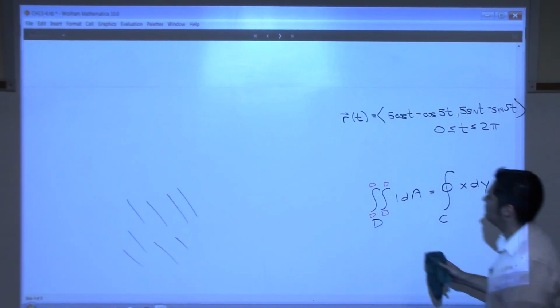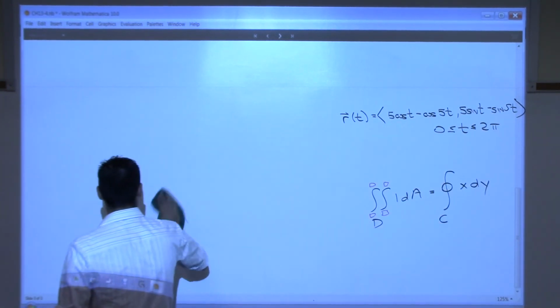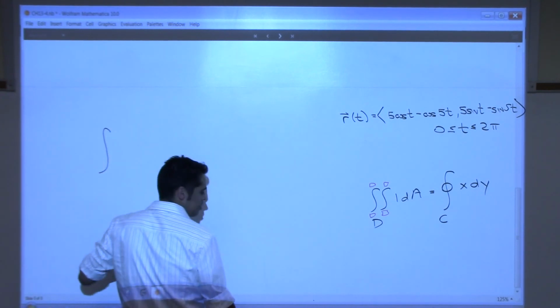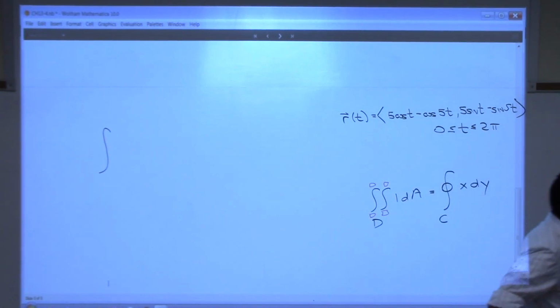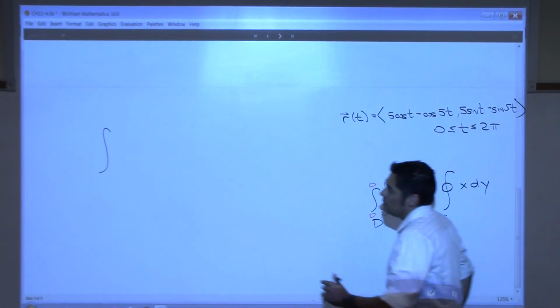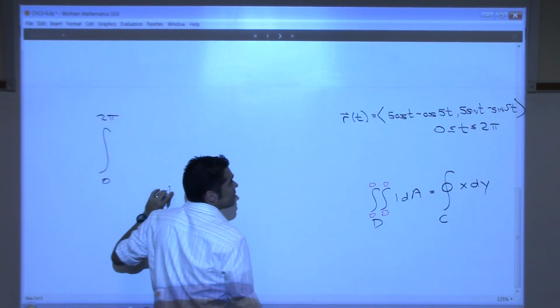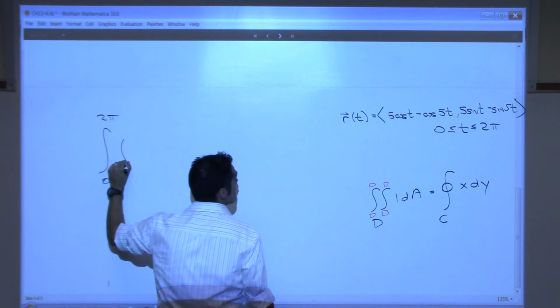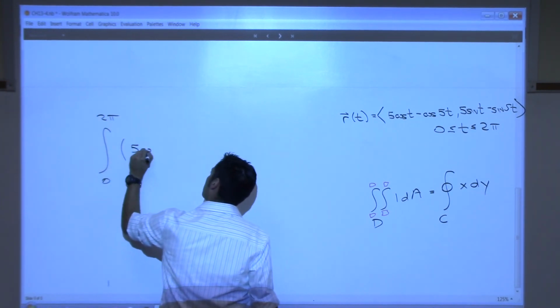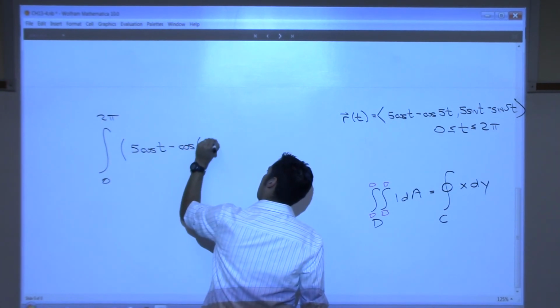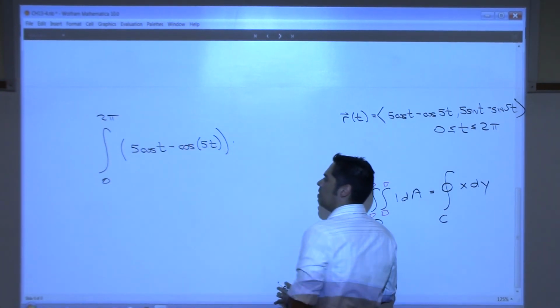So let's do it. Should be the line integral. What are my restrictions on t? 0 to pi. Then it's my x, which is 5 cosine t minus cosine 5t times dy.